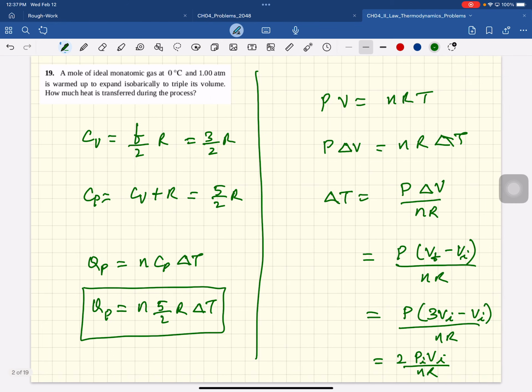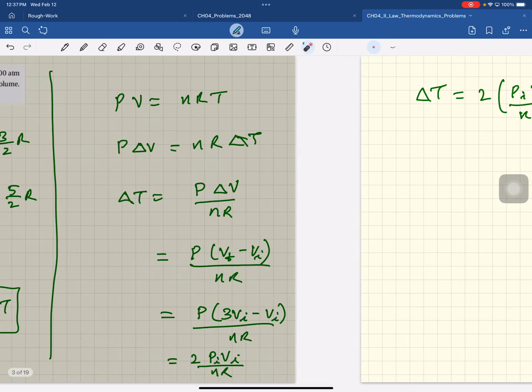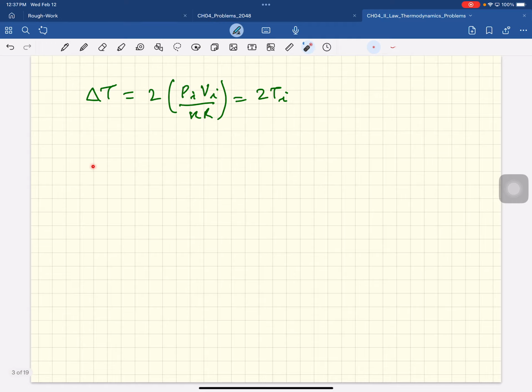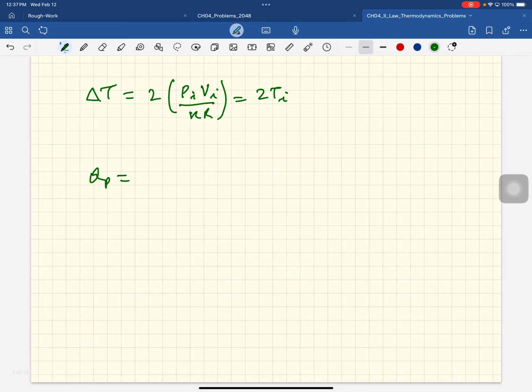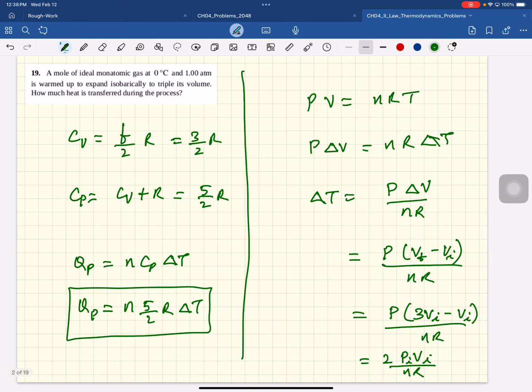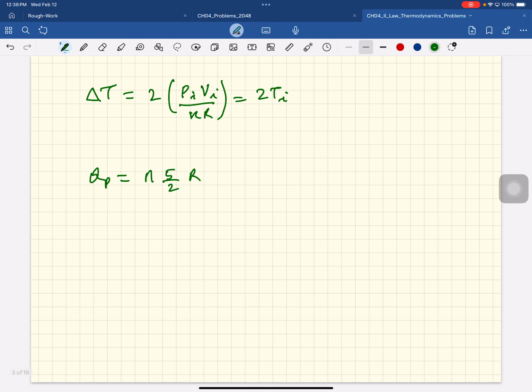Now we'll plug that in here. So Q, the amount of heat added, is n times 5/2 R, and delta T was 2 times Ti.